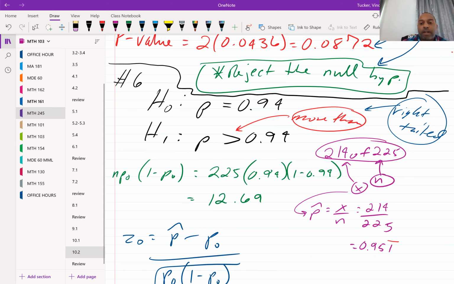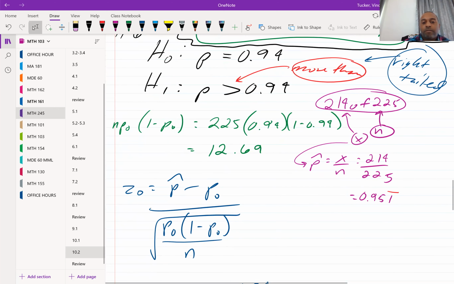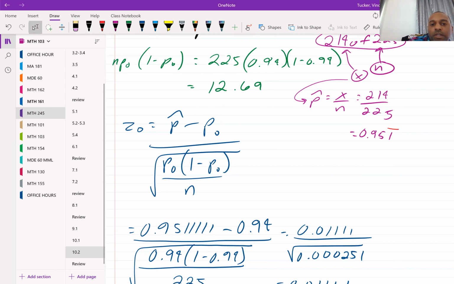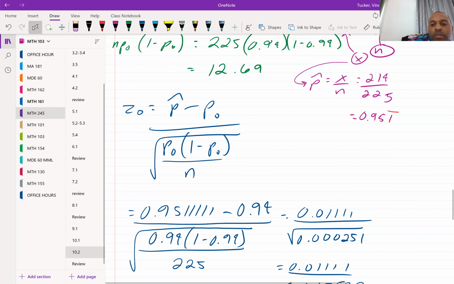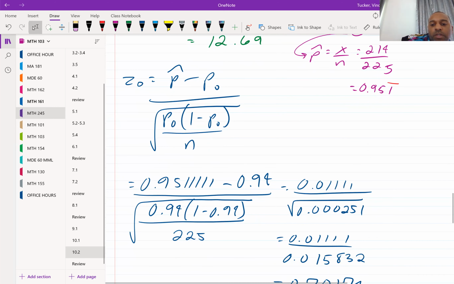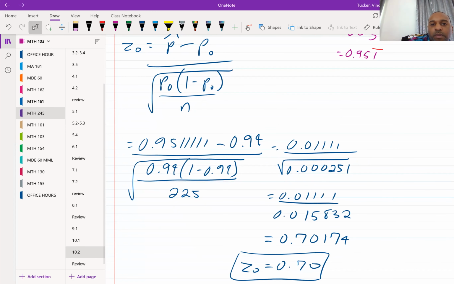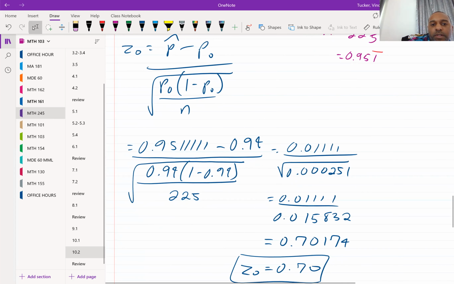All right. So now we need to find our test statistic, z naught. And that's calculated by doing p hat minus p naught over the square root of p naught times 1 minus p naught over n. Right down the green and the purple. So that's the calculation there. Plugging in values and doing our calculation ends up giving us 0.70. Don't forget our z-scores: always round to 2 decimal places.